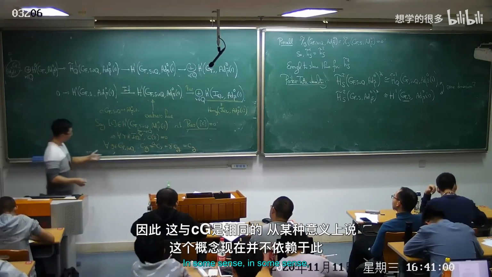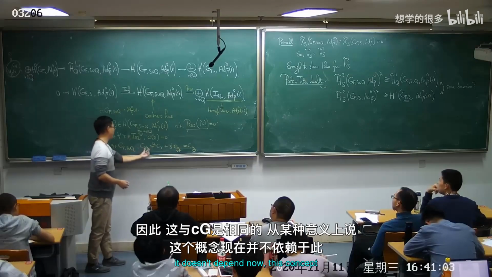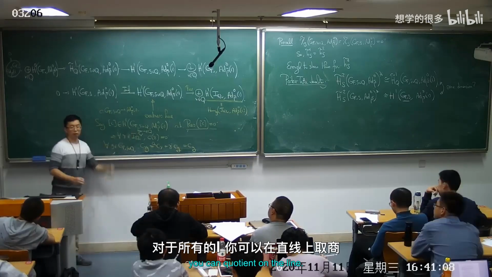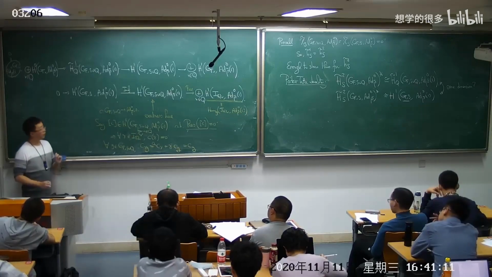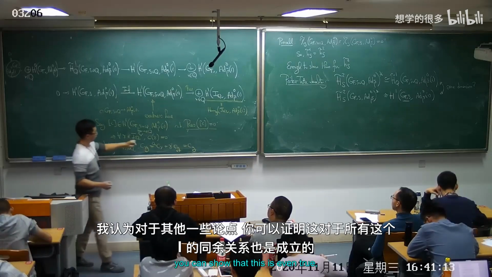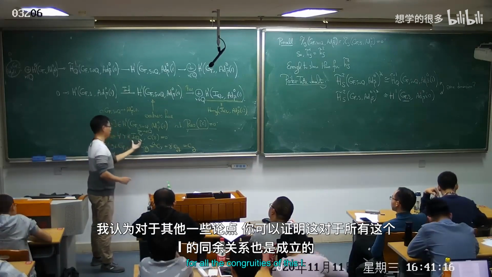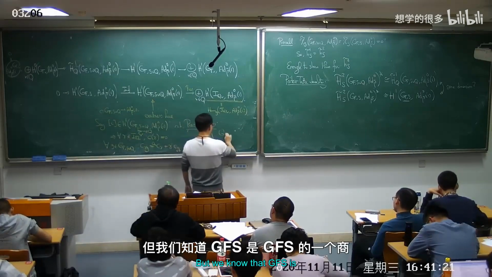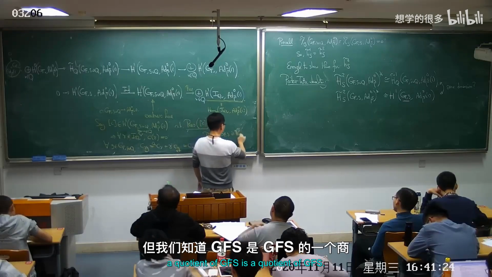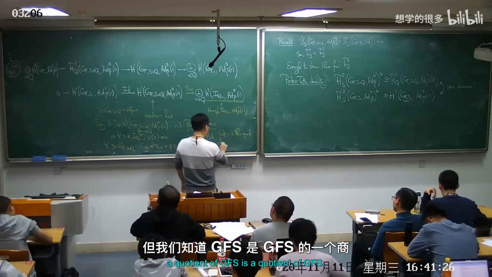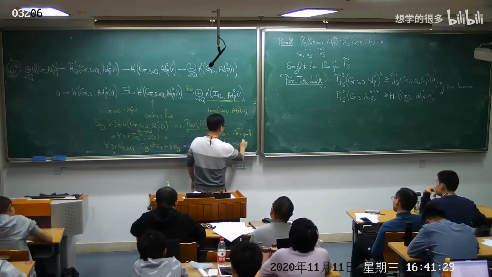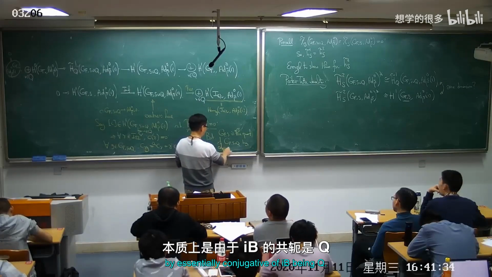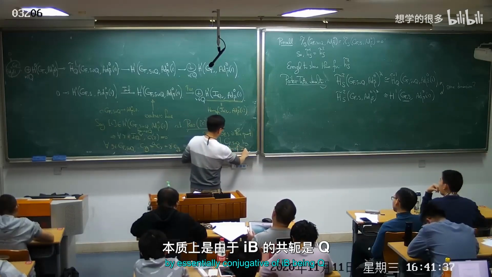In some sense, it doesn't depend on the coset you quotient by some I. For all the i's, you can quotient on the left. And I think by some other arguments, you can show that this is even true for all the conjugates of this I. But we know that G_F,S is a quotient of G_F,S union Q by essentially the conjugates of I_Q.